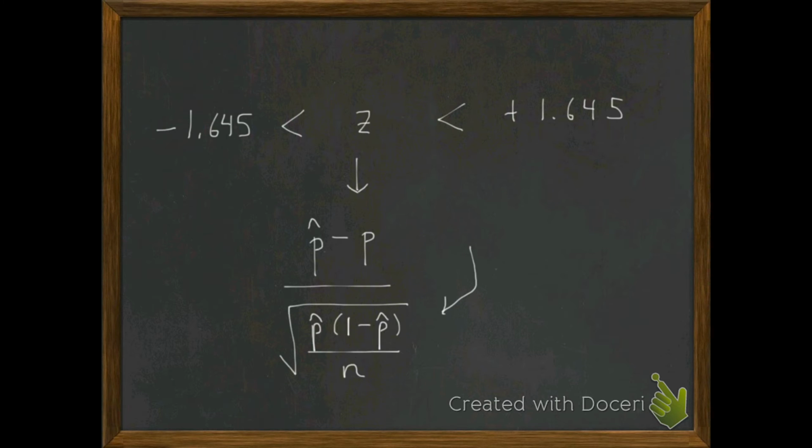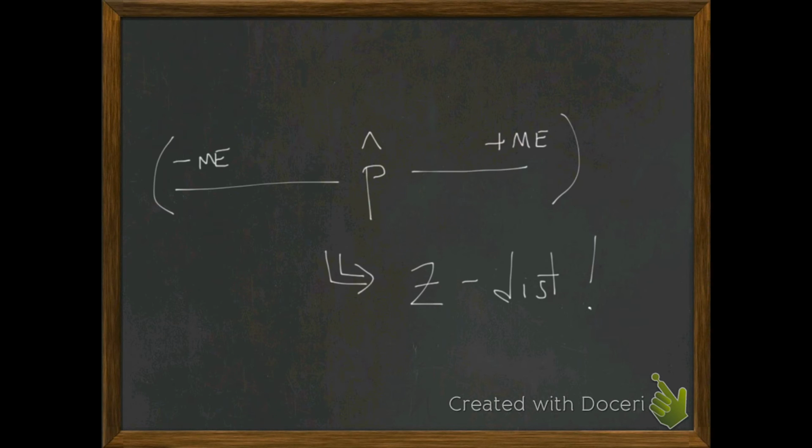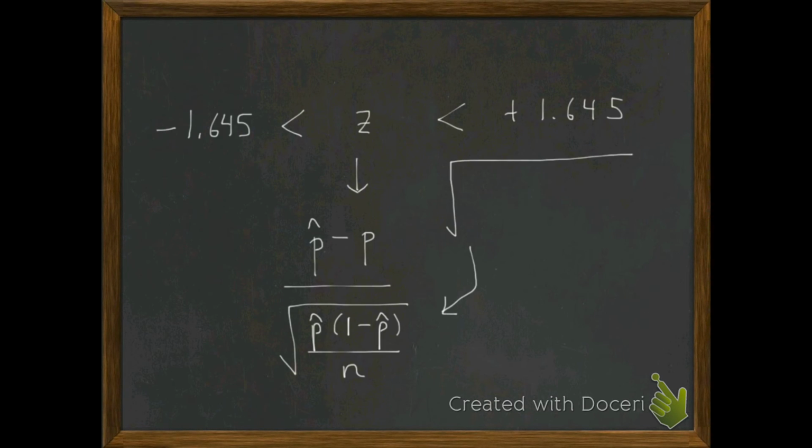So the first thing I've got to do is put in my calculator and find the square root of, I forget what was p hat, 0.387 times 0.613 over 150. And when I get that, I get 0.0398.